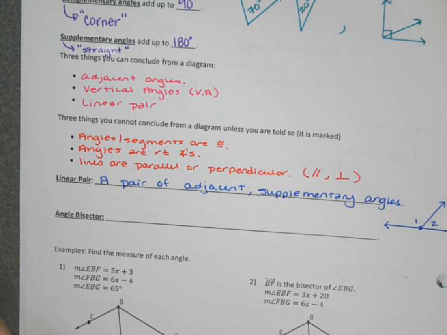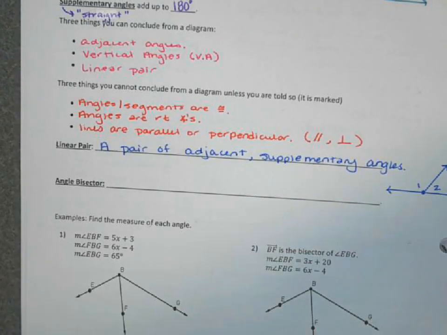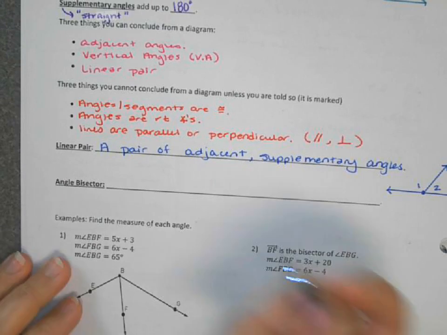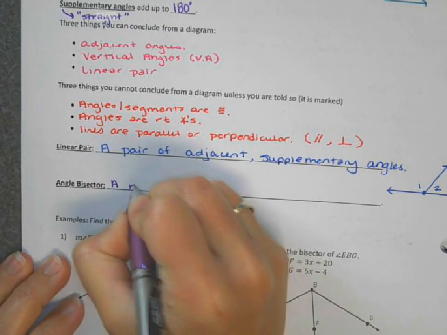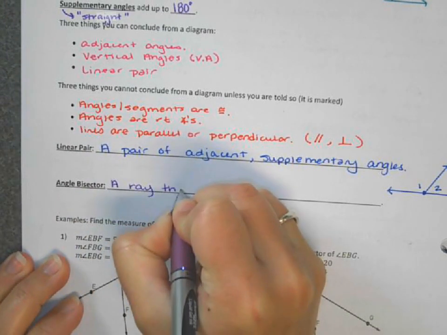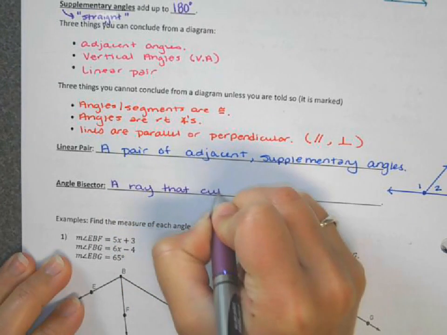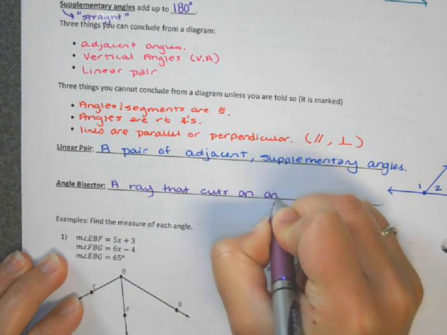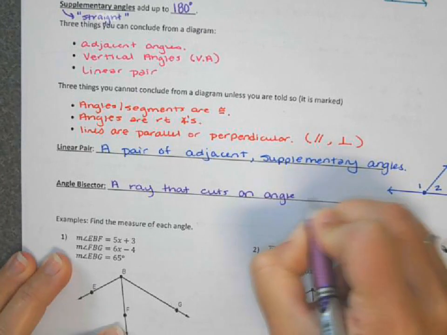Okay. An angle bisector, this is a new definition. An angle bisector is going to be a ray that cuts an angle in half.